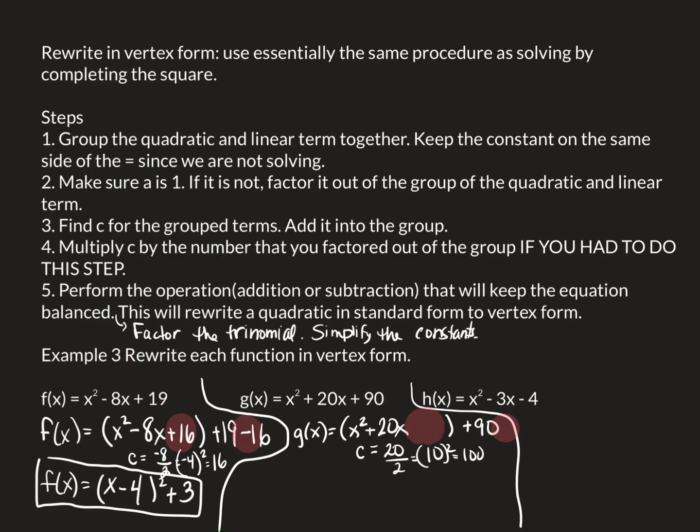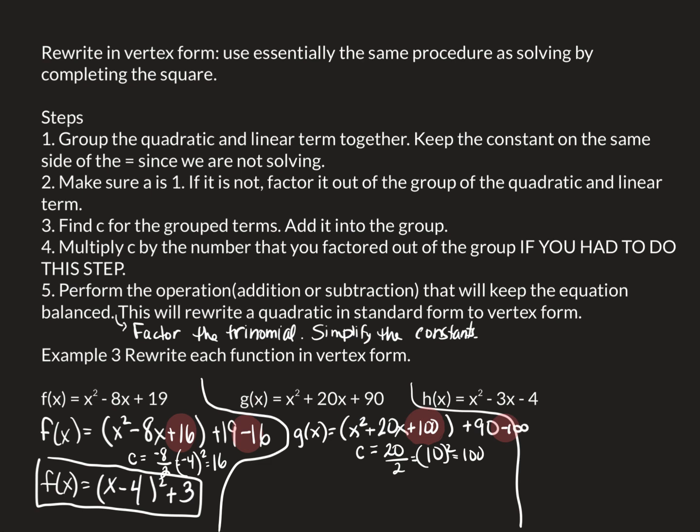That's 100, and that's what I add inside of the parentheses. Then those steps say to multiply c with the number you factored out, which we didn't factor anything out. So we technically have plus 100. And how do I balance out on the same side, adding 100? Well, you subtract 100 here. 100 minus 100 is 0.